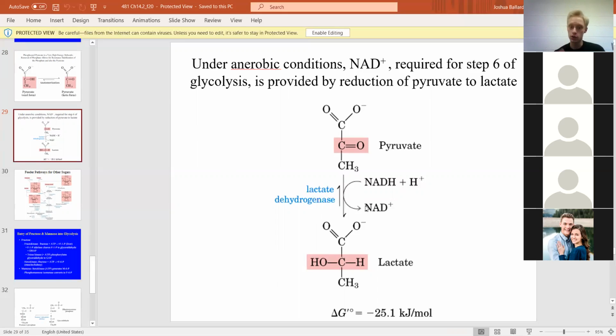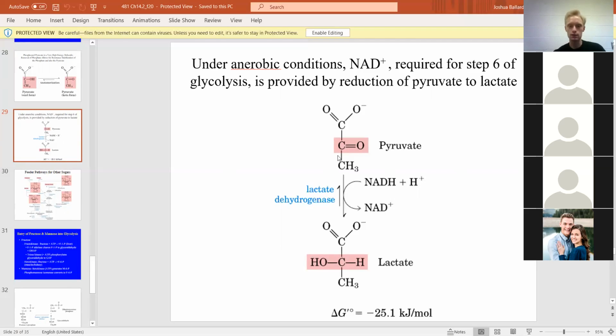But under anaerobic conditions we don't have oxygen, so glycolysis needs to go, but in order for glycolysis to go, it needs NAD plus, and that's the ultimate purpose of this reaction: we need to generate NAD plus so that glycolysis can continue to move onward.